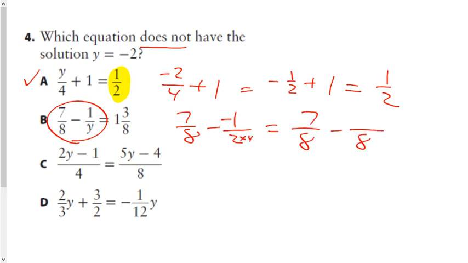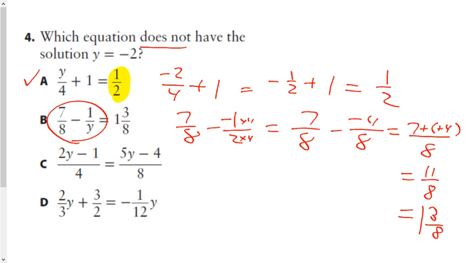Your equivalent fraction will be negative 4/8. Now that you have it written like that, notice how important it is to keep that negative sign in the numerator. Keep your denominator and subtract your numerators. Subtracting is easier to add the opposite. I end up with 11/8 as a solution, which is equal to 1 and 3/8, which is the other side.